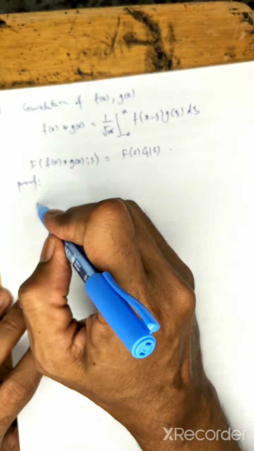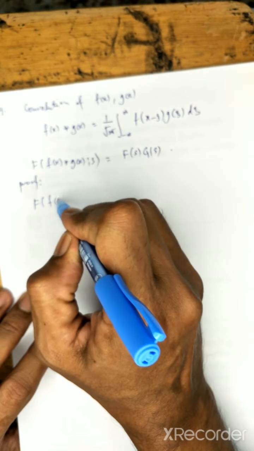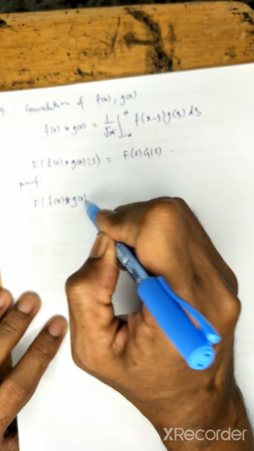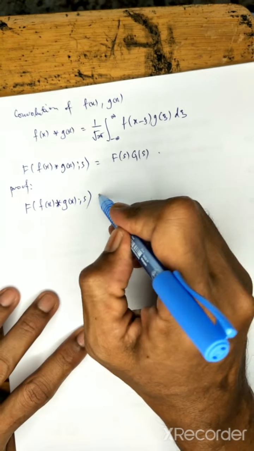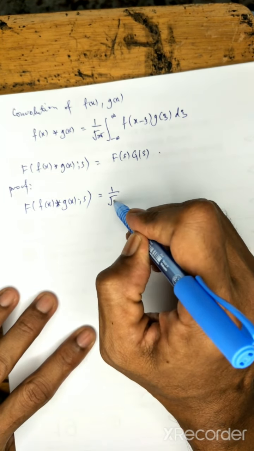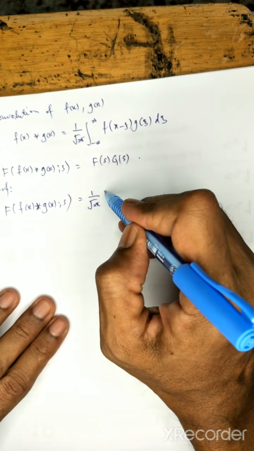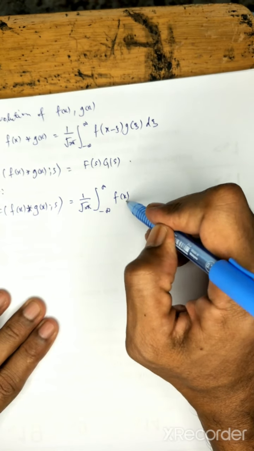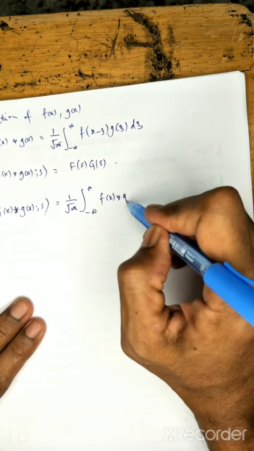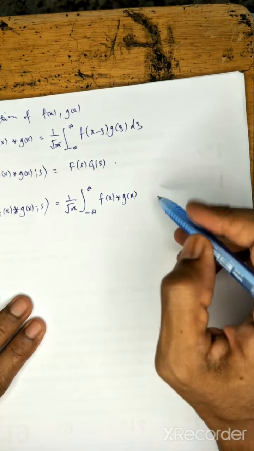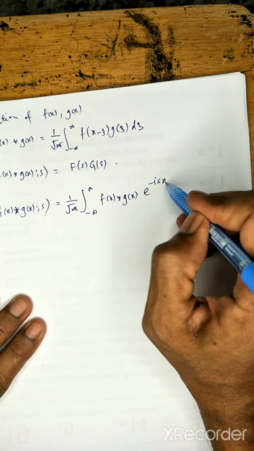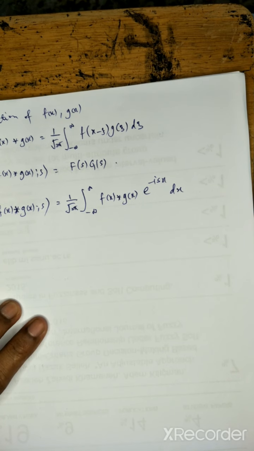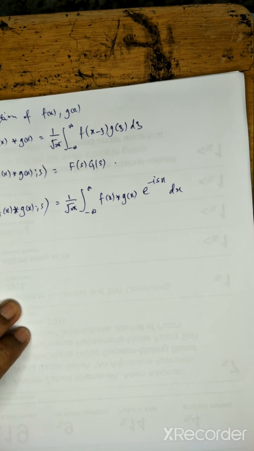So the Fourier transform of f(x) star g(x), at s, is given as 1 over square root of 2 pi, integral from minus infinity to infinity of f(x) star g(x) e to the minus i s x dx.